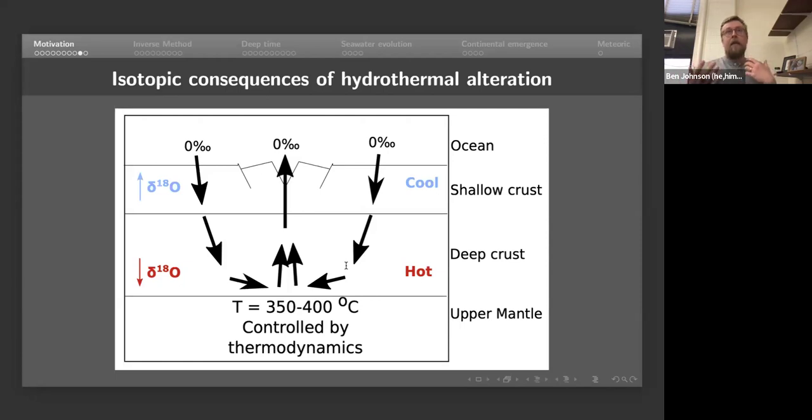You'll get a different pattern if you're altering a granite with meteoric water than a basalt with oceanic water. So that's one of the things we really do have to constrain for this inversion technique: the starting δ18O value of the rock. We have to get a really good handle on that, because if you move it up or down a couple per mil, that has a couple per mil influence on the calculated inversion.